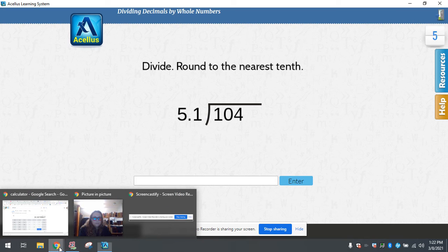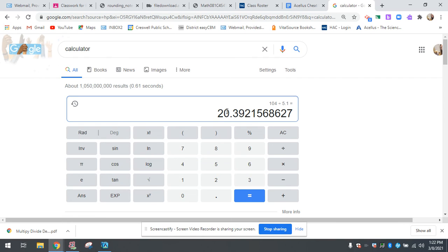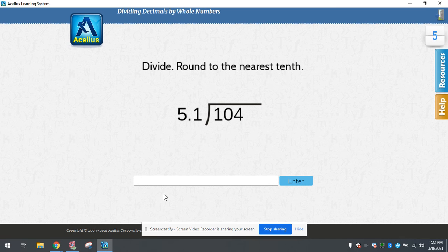Okay, so the 3 is in the tenths place, the number that is right next to the decimal. We look at the number to the right of it. 5 and up, round up. 9 is bigger than 5, so I'm going to round this 0.3 up to 0.4, and my answer will be 20.4.